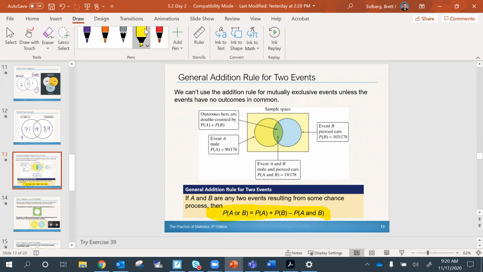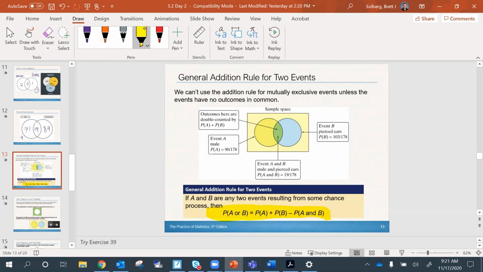Okay? So what that's saying here is, let's go back to the example, we've already done this like 3 times. What's the probability that someone is male or has pure steers? Well, we're going to look at the probability that they're male, plus the probability they have pure steers, and then subtract off the intersection. So the probability that they're male, that was 90 out of 178.